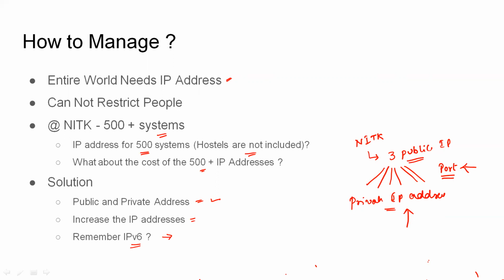If private IP addresses were not there, we would have purchased nearly 500 plus IP addresses, paid that much amount, and 500 plus IP addresses would have been blocked by us. Now only 3 public IP addresses are blocked.